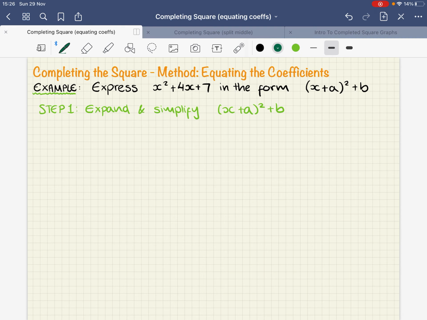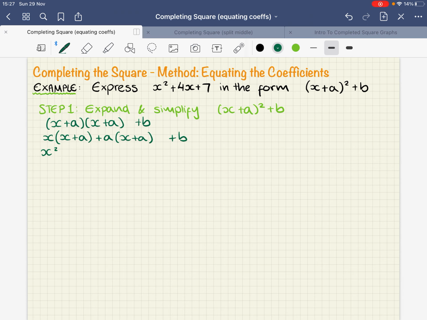So remember, when I've got that bracket with the squared on the outside, that means I've got two of the same bracket. So I need to break apart that first bracket. And that plus b sits on the end.